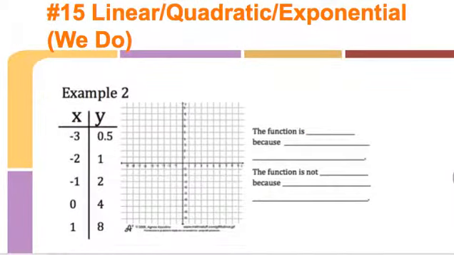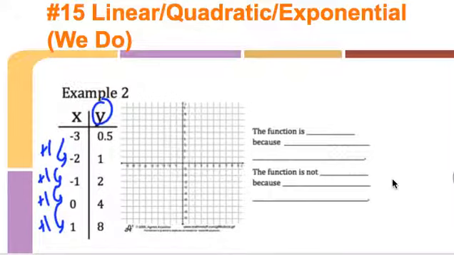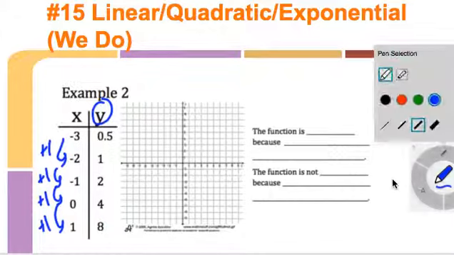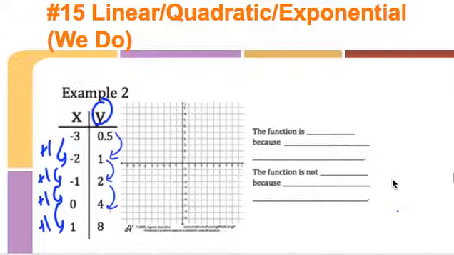Example 2. So if I'm looking at this example, again, all of these are just adding by 1, adding by 1, adding by 1. So really I'm more concerned with what's happening on the y-axis. If I go from 0.5 to 1 to 2 to 4 to 8, I see that this is growing differently.